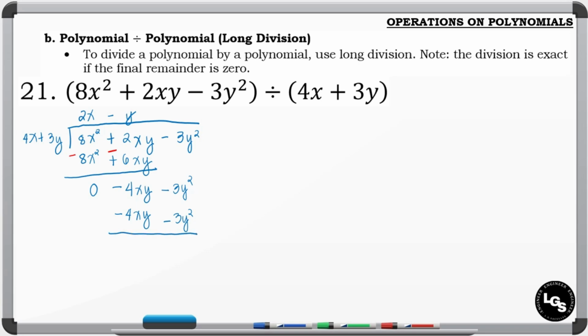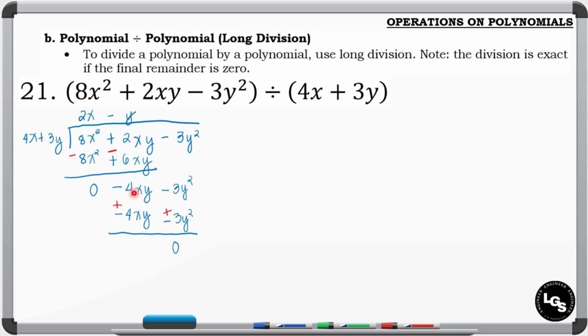Then, let's subtract again. So, in subtracting, change the sign. So, this one will become positive. Then, this one will also become positive. So, then we add negative 3 plus positive 3, that is 0.